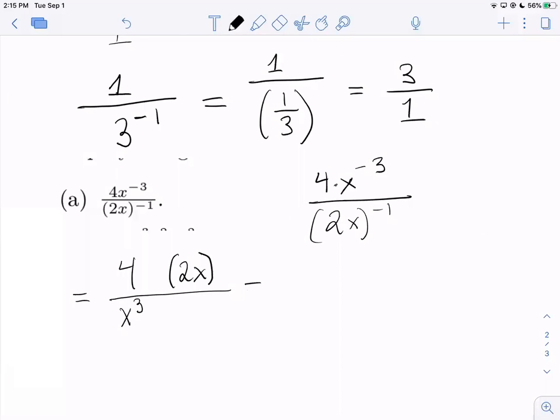And now you can try to simplify. This becomes 8x all over x to the third. And I believe the question said to use positive exponents, so we're not going to move it back to the numerator. We're just going to keep it as 8 all over x squared, because the x's will cancel.